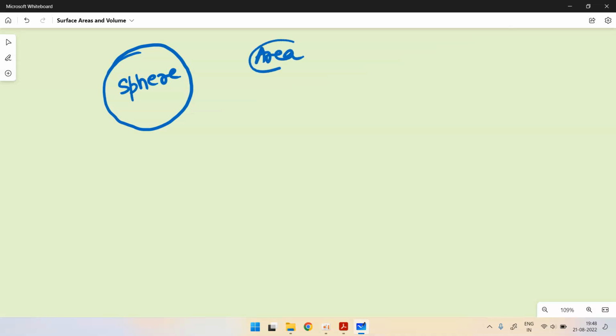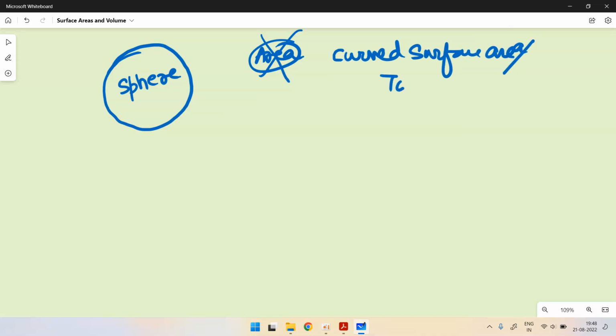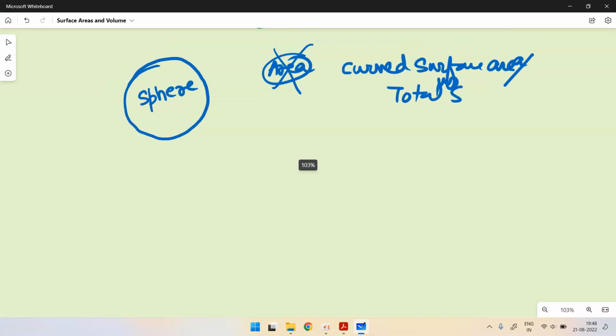Now next is the sphere. For a sphere there is no word like area. Instead there is either curved surface area or total surface area.